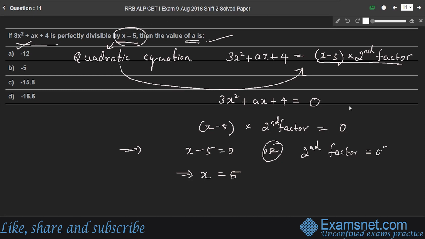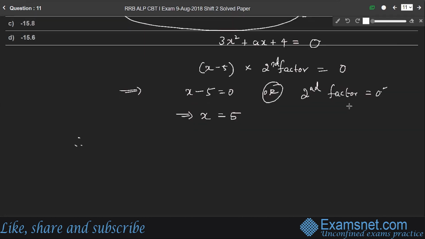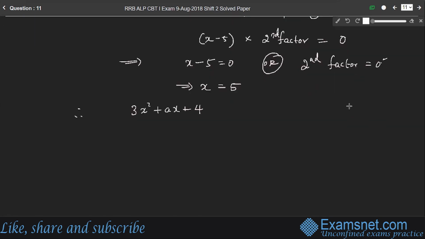Therefore, the equation 3x squared plus ax plus 4 becomes 3 into 5 squared plus a into 5 plus 4. 5 squared is 25, into 3 is 75, plus 5a plus 4 is equal to 0.